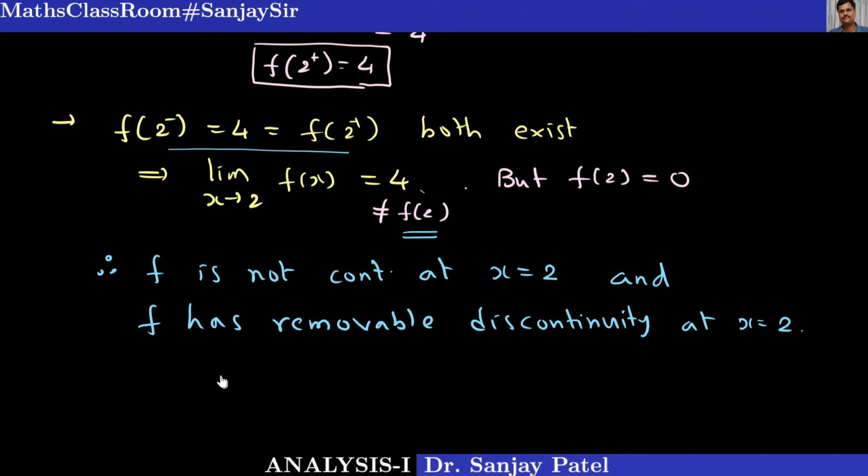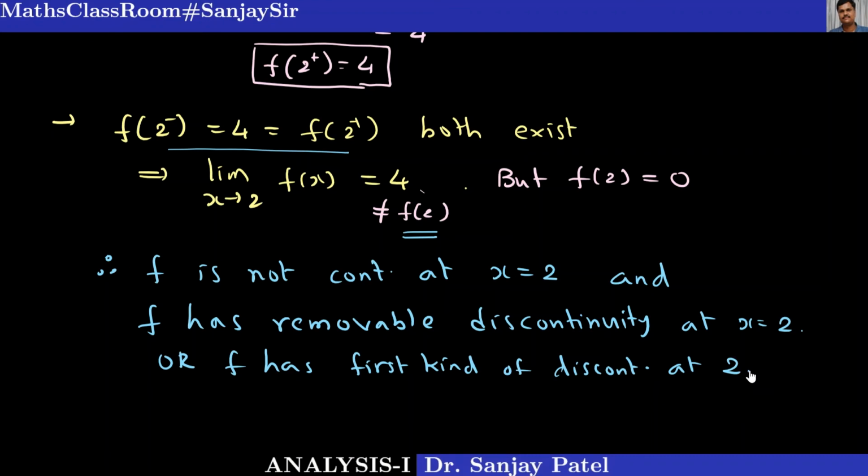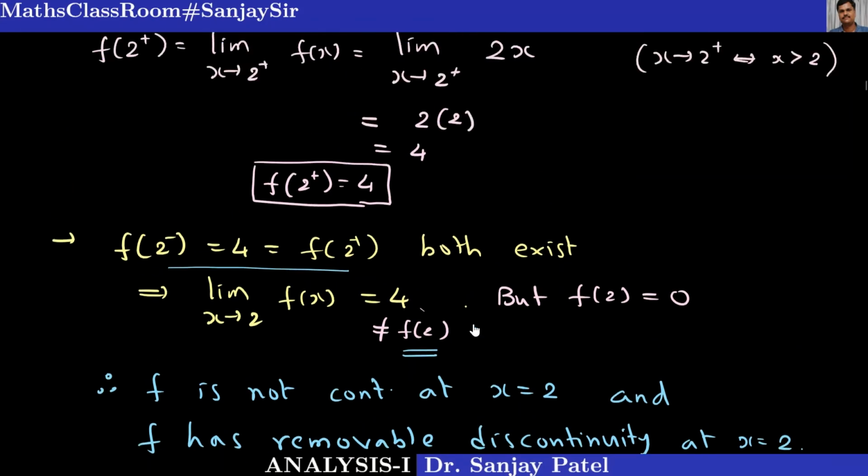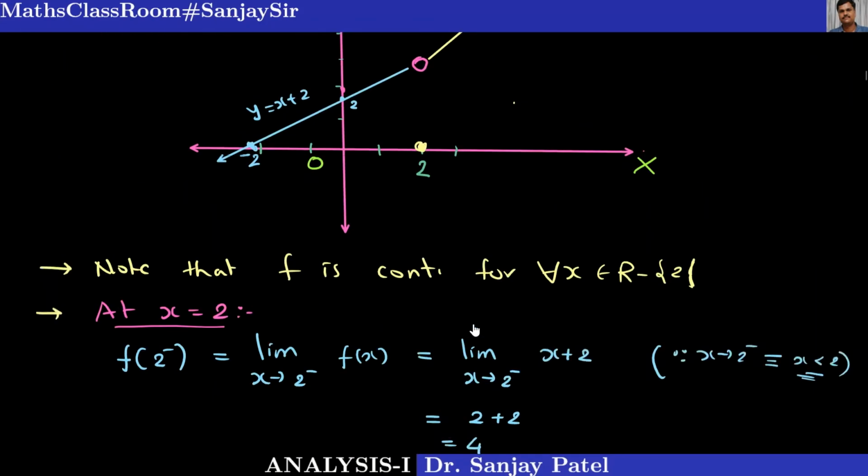Or you can say f has a first kind of discontinuity at 2. And removable means we can remove this discontinuity and redefine the function and make the function continuous.